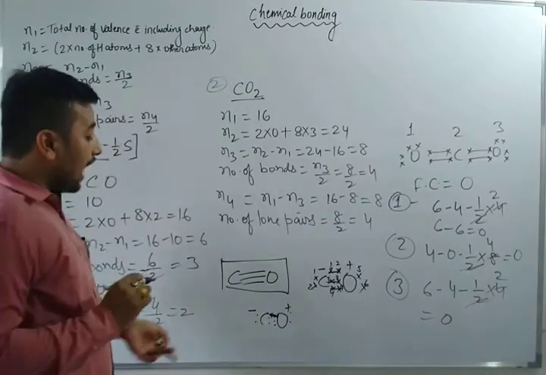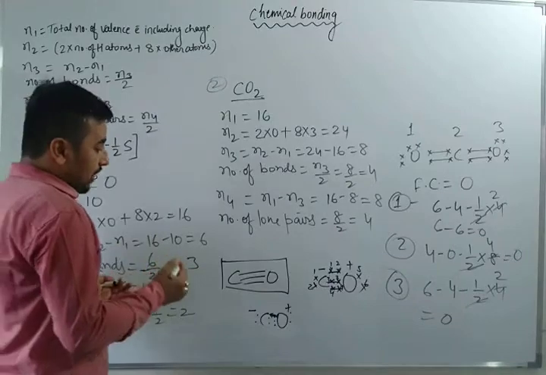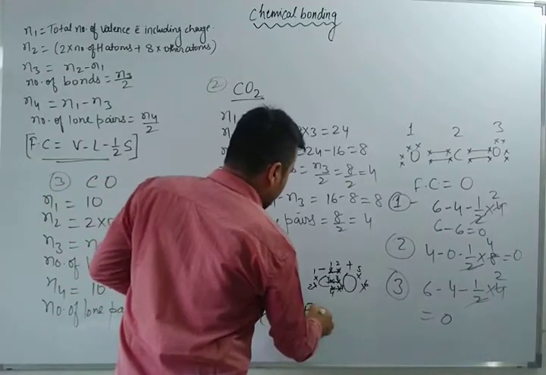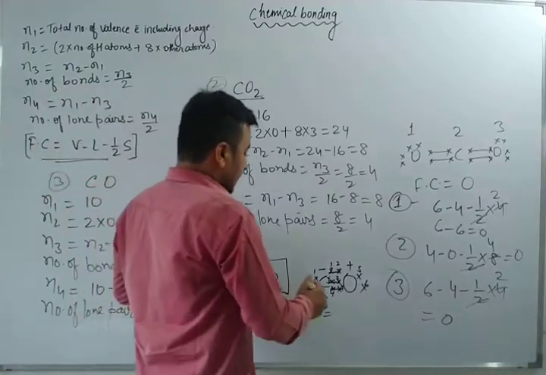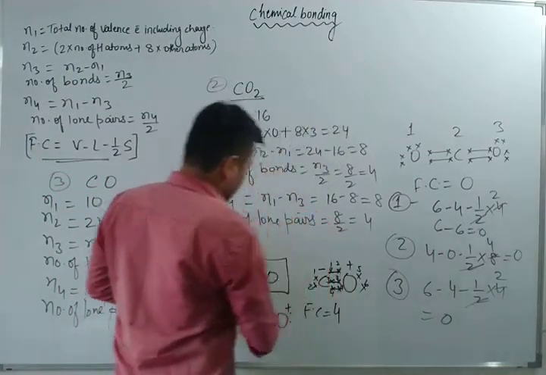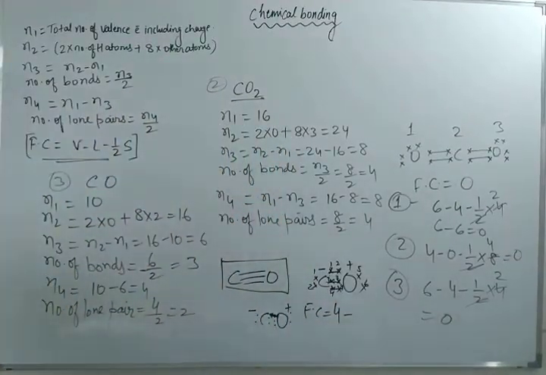Okay. Now if you want to calculate the formal charge of these two atoms, what is the formal charge formula? Valence electrons, which is 4 for carbon, minus how many lone pair electrons are there in carbon? Is there any lone pair? You can say which is not doing the bond, then you will understand.